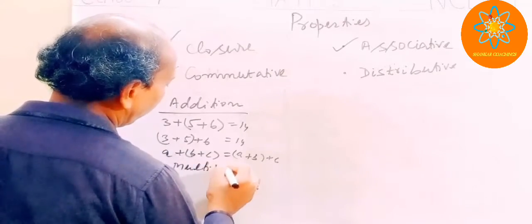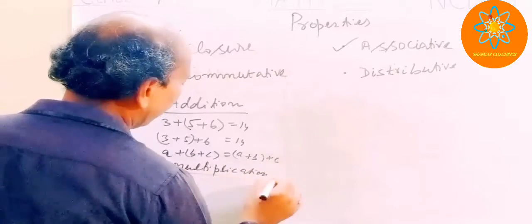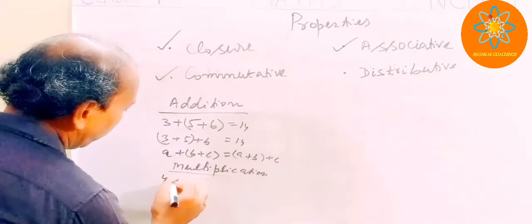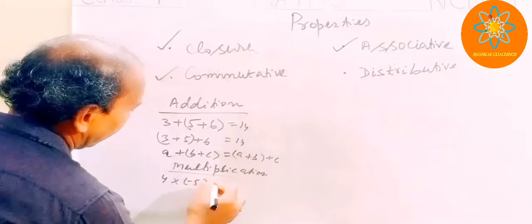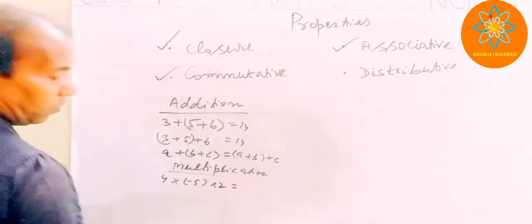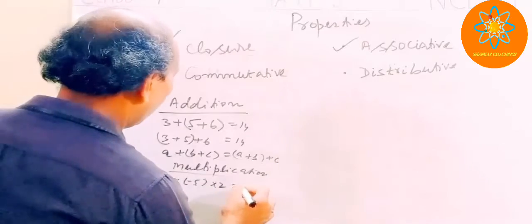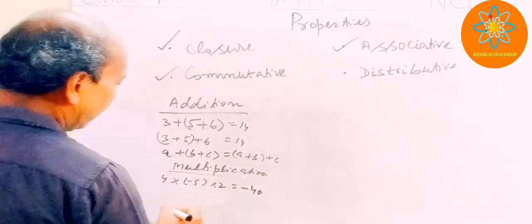For multiplication, let the three numbers again be, let us suppose, 4 into minus 5 into 2. How much will it be? This will be minus 40. So what am I doing here?